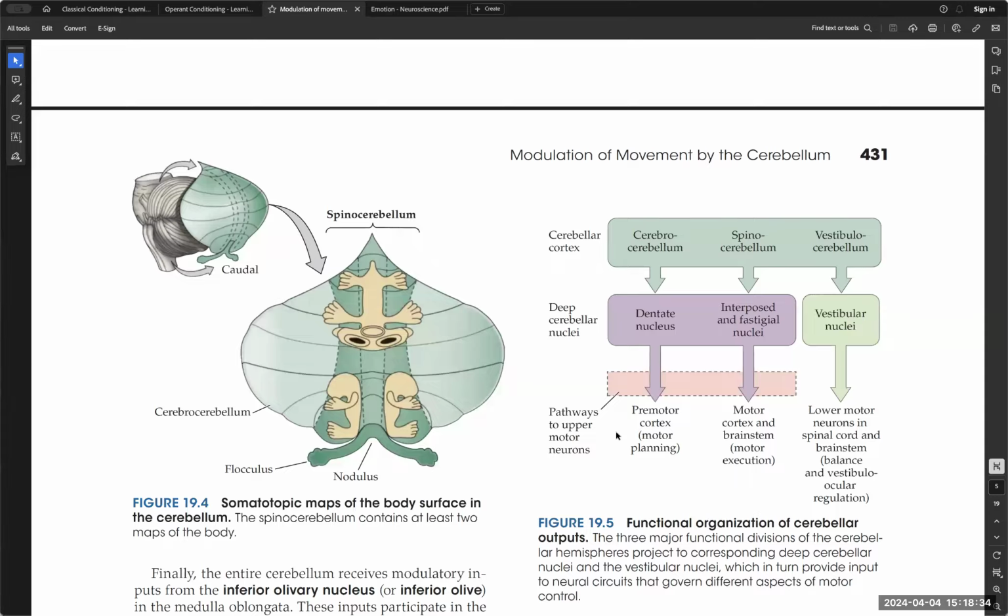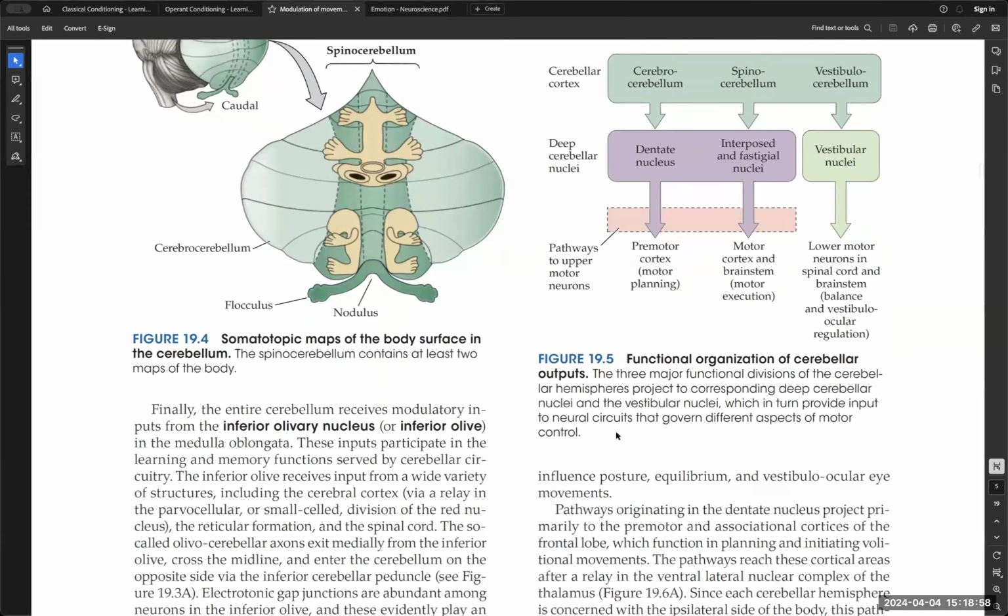And the vestibulocerebellum skips the deep nuclei of the cerebellum and goes directly to the vestibular nuclei in the brainstem. Okay, and the only part of the cerebellar cortex that skips the deep nuclei is the vestibulocerebellum. All right.